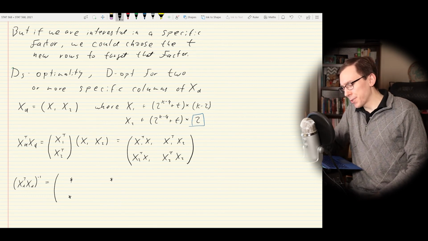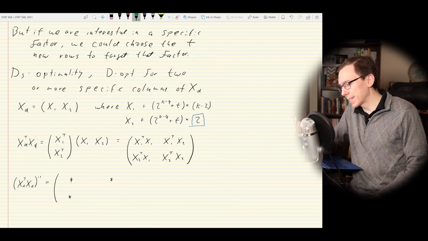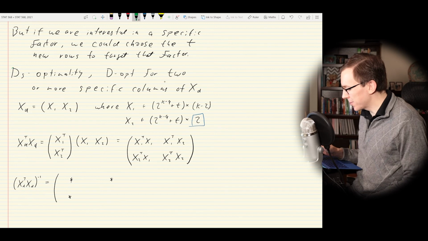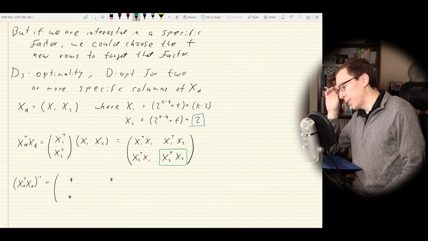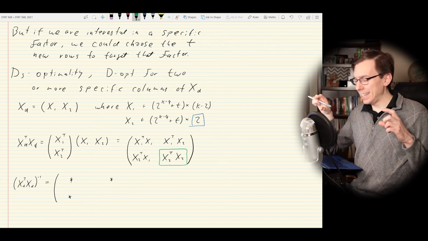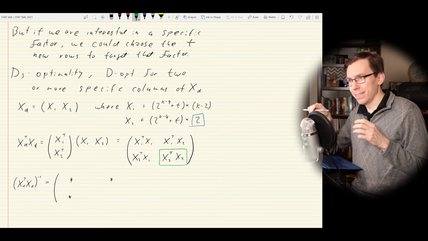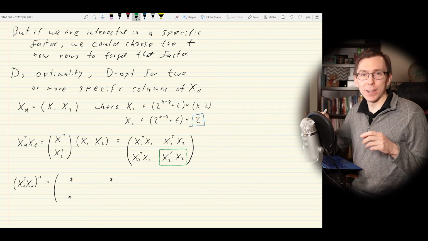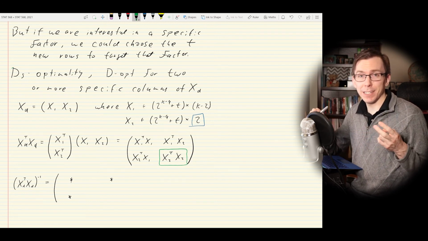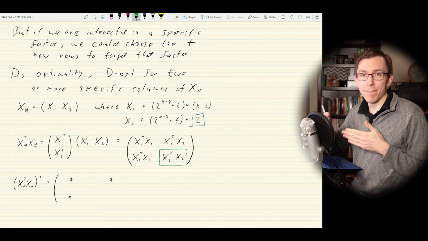The point is, I'm interested in the bottom right-hand entry because it corresponds to X2 transpose X2, that matrix corresponding to the 2 columns that I'm interested in targeting my follow-up design on.